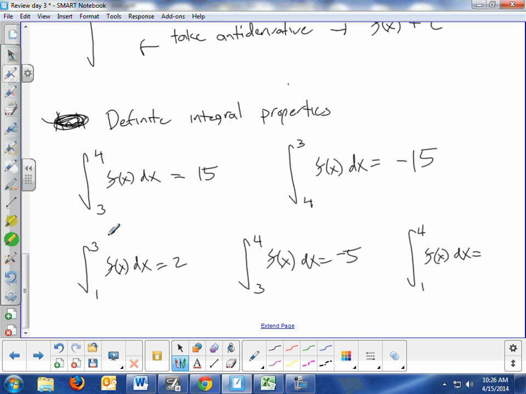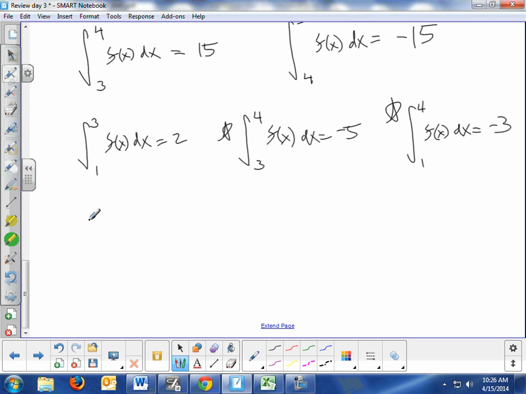It would just be the sum of the areas from 1 to 3 and from 3 to 4, and in this situation it would be negative 3. Typically, they'll give you this one and this one on a question and ask you to find the first one. And you just know that from 1 to 4 is equal to 1 to 3 plus 3 to 4. So those are key integral properties.